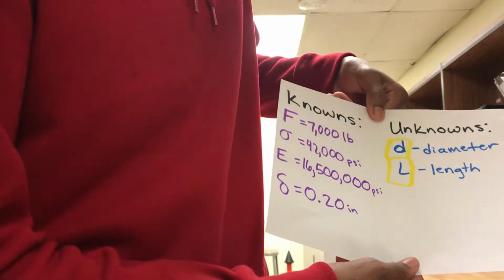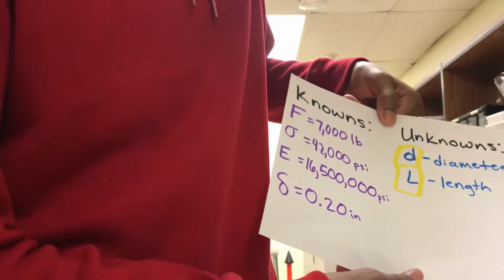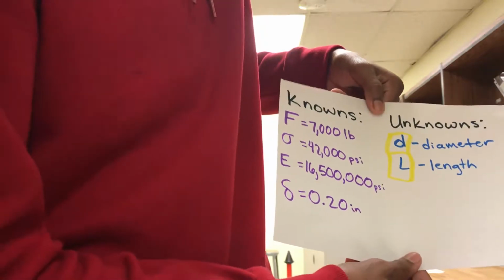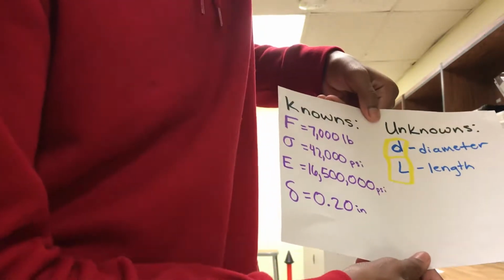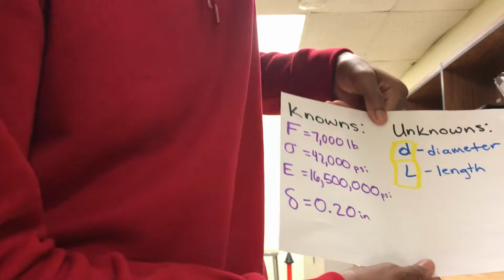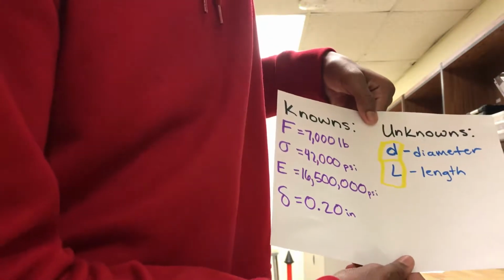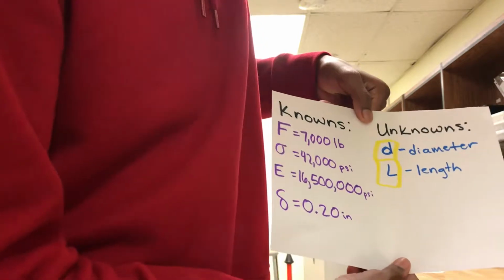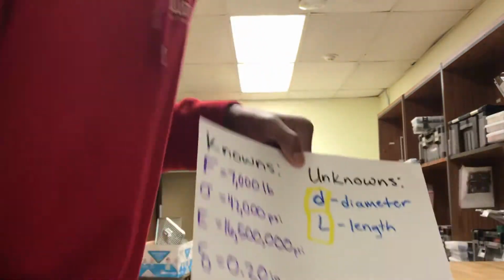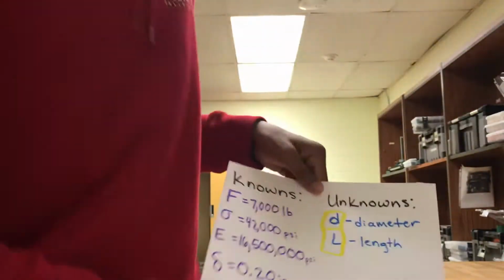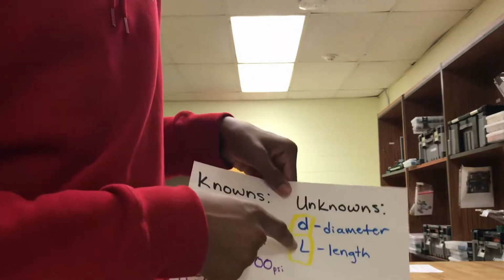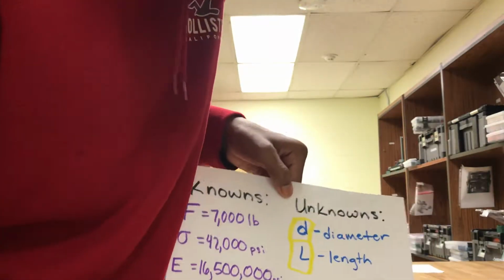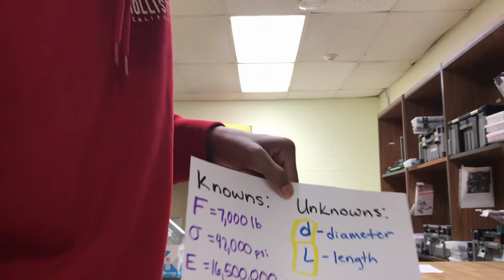Our stress is given, which is 42,000 psi. Our modulus of elasticity is 16,500,000 psi. And our elongation is 0.20 inches. Now, the problem asks for us to find diameter and length, both of which will come in inches and are known as our unknowns.